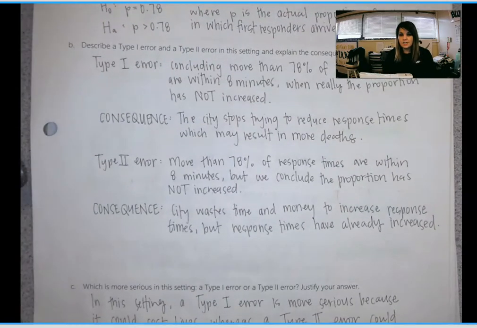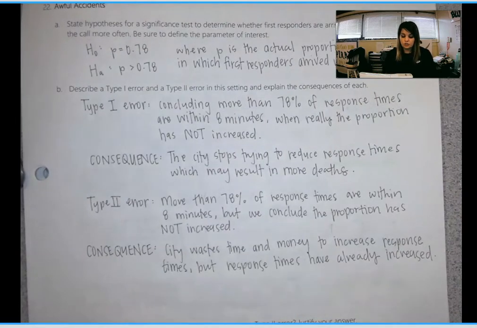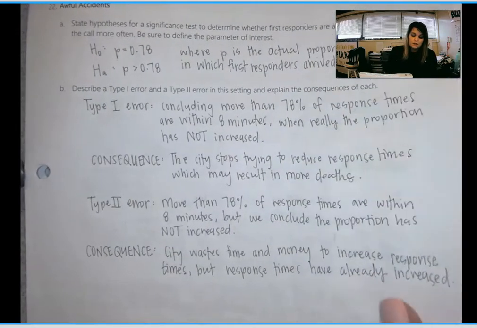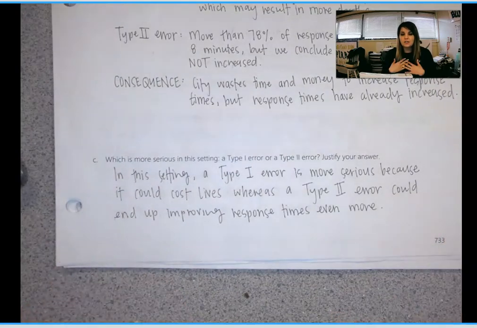So you can see how I word my responses. Feel free to pause and adjust yours as needed. Part C, which is more serious in this setting, I personally think a type 1 error is more serious because it could cost lives, whereas a type 2 error could end up improving response times even more. So yeah, we're wasting time and money, but it does have the potential to have a positive impact.